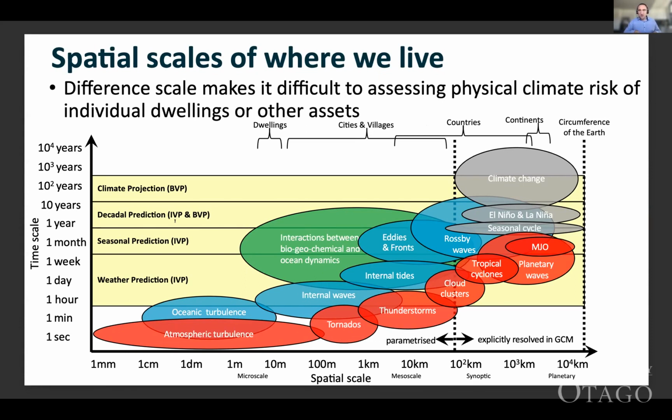And to put this into context of the scales of where we live, I've labeled this top axis by the scales of continents, countries, cities and villages, and dwellings. I think this is important because it illustrates the difficulty in assessing the physical risk of climate, because the climate models don't resolve scales at the level of the individual dwelling or the individual house or asset.